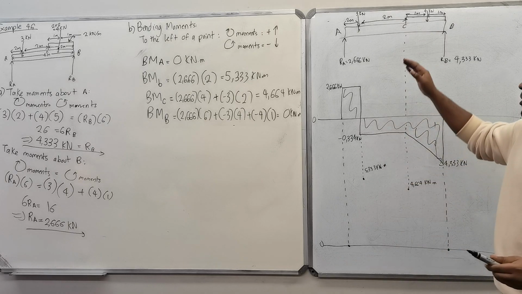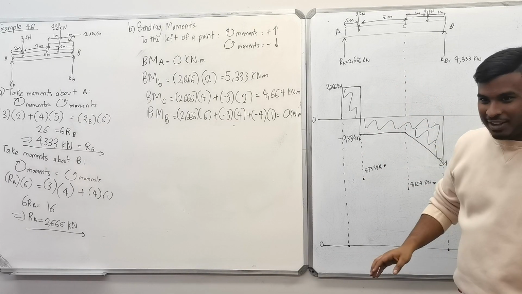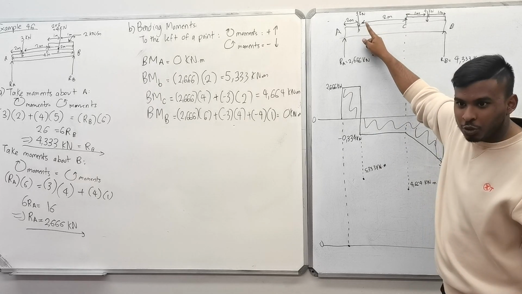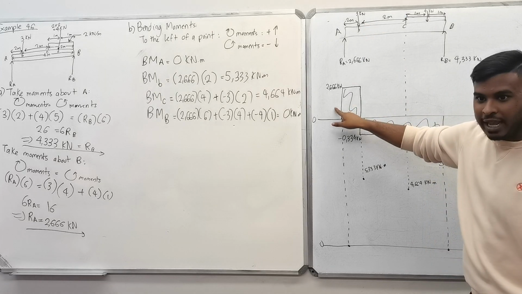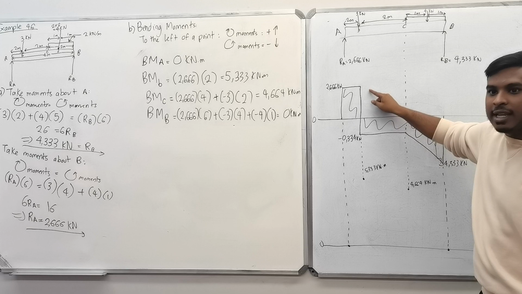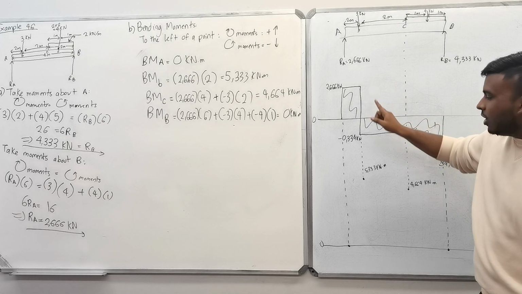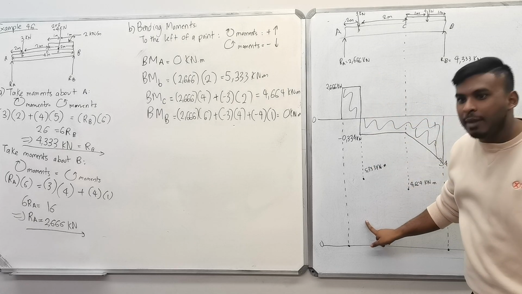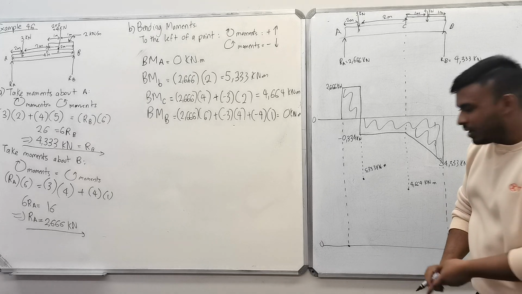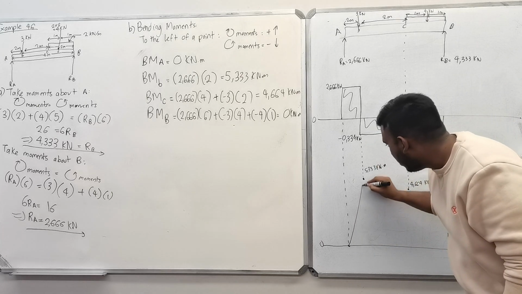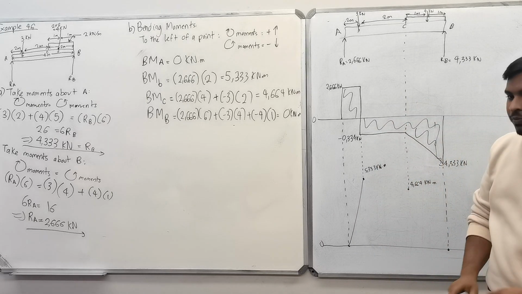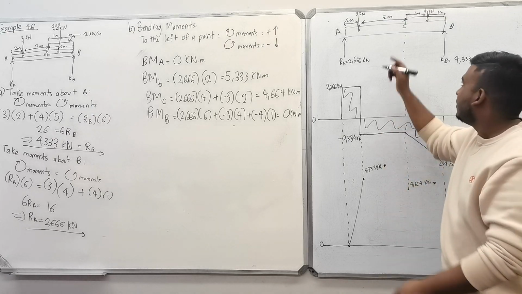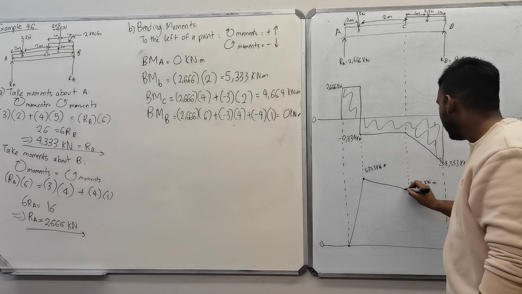I'm sorry again. For a concentrated load, a point load, on a shearing force diagram, when you are drawing it, it will be a vertical line. And on your bending moment diagram, it will be a straight sloping line. And then obviously from here, it will move to there.